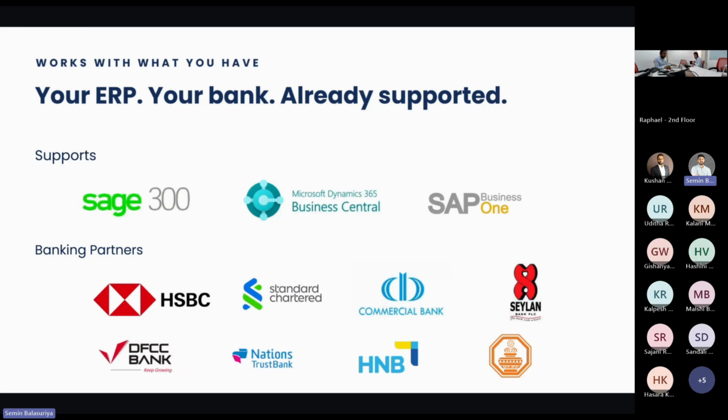And currently, we are working with HSBC, Standard Chartered, Commercial, Ceylon, DFCC, NTB, HNB, and Sampath Bank as well. So all these banks, we have worked together, and OneHub has been built upon all this bank support. If your bank is included in here or not, we can reach out to the bank and see how we can integrate your business application and connect it with your bank as well.